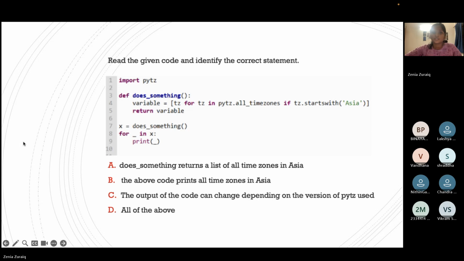Okay. Next is this question. Read the given code and identify the correct statement. Here you are importing a particular library and there's a function which does something and is returning the value of a particular variable. So the question is basically asking you to figure out what this function is doing. Please read the code carefully and you can put your answers in the chat.